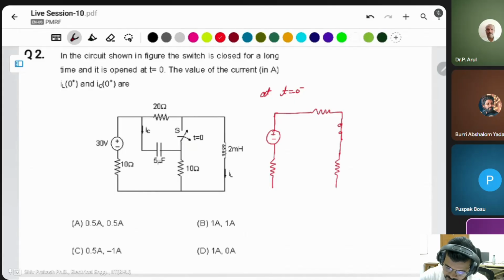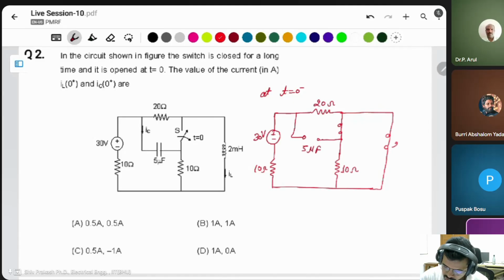This is a 10 ohm resistor. The inductor will be short circuited and the capacitor will be open circuit. 30 volt, this is a 10 ohm, this is a 20 ohm resistor, this is a 10 ohm resistor, 5 microfarad, and this is a 2 millihenry.